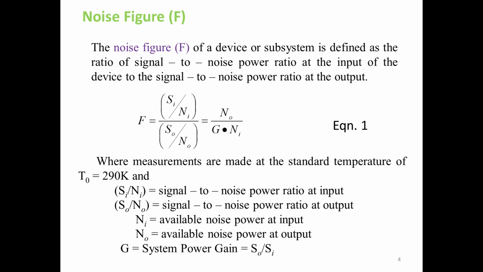Si over Ni is the signal to noise power ratio at input. S0 over N0 is the signal to noise power ratio at output. Ni is the available noise power at input. N0 is the available noise power at output, and G is the system power gain, which is given as S0 over Si.